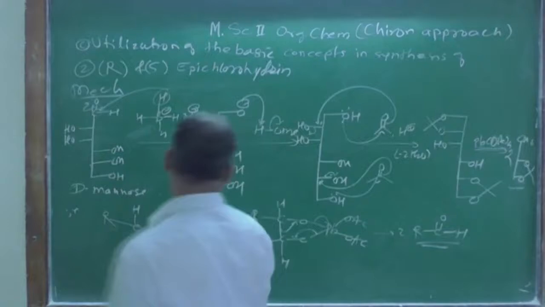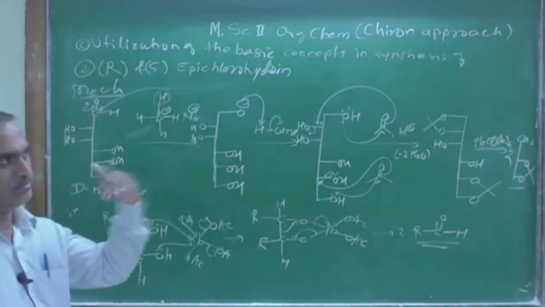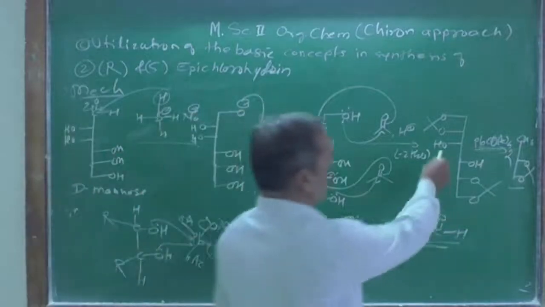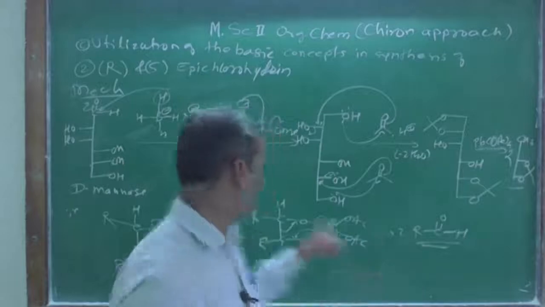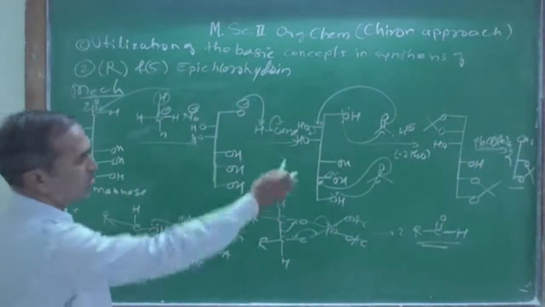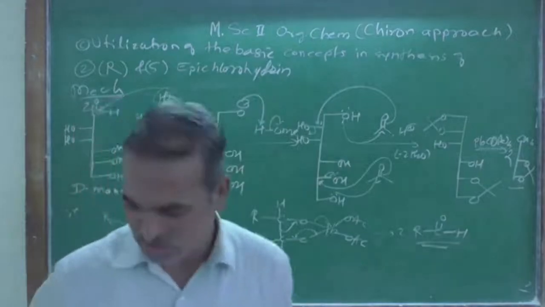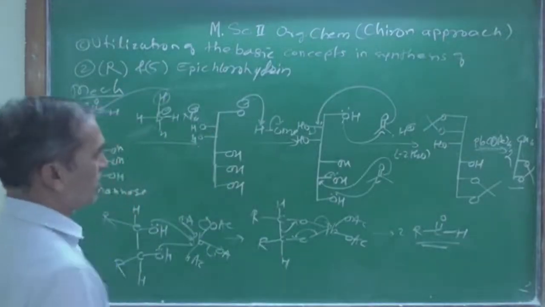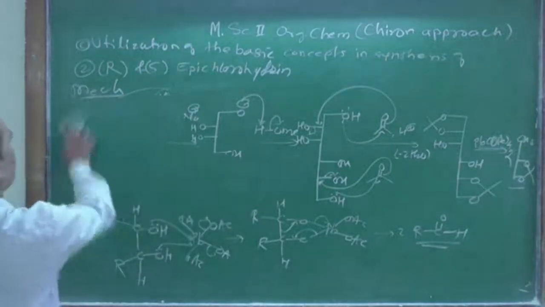So this is a mechanism I have shown separately, how the mechanism works with lead acetate. Here it is somewhat trans so that we can clearly show how the aldehyde forms, how this oxidative cleavage takes place, that we have shown over here. And after that, what is the next point we have seen?